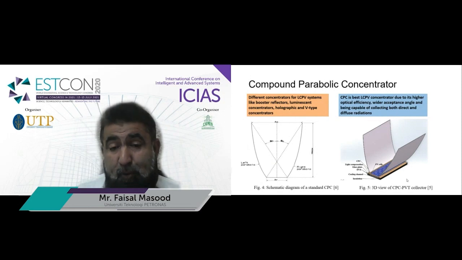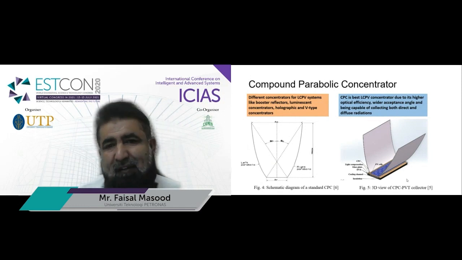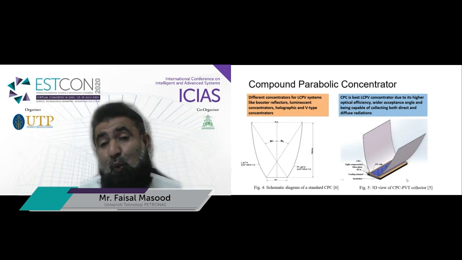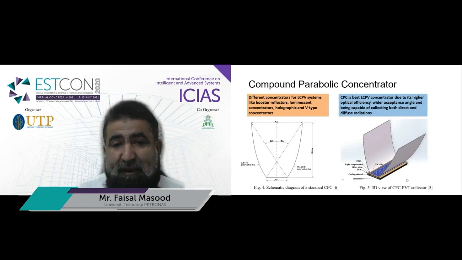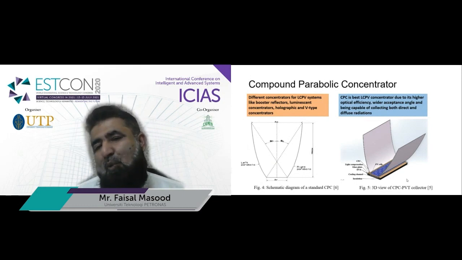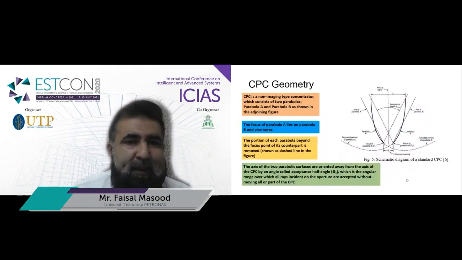However, the compound parabolic concentrator, abbreviated as CPC, is considered to be one of the best low concentration photovoltaic concentrators due to its higher optical efficiency, wider acceptance angle, and being capable of collecting both direct and diffuse solar radiation.